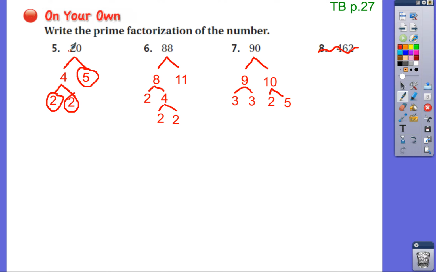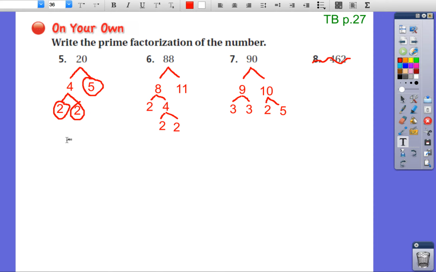Even if you did 2 times 10 up here instead of 4 and 5 for your factors, in the end you would still get the same answer. So when I would write out the prime factorization here, I would have 2 times 2 times 5 for my final answer.